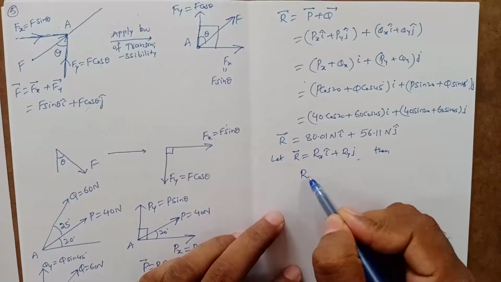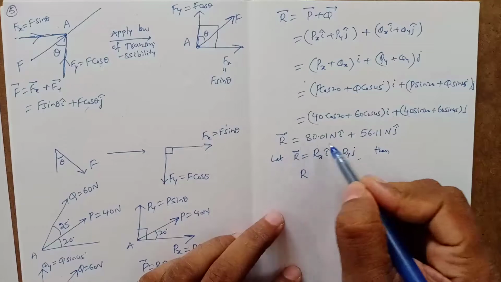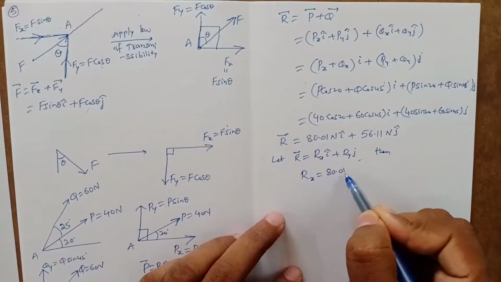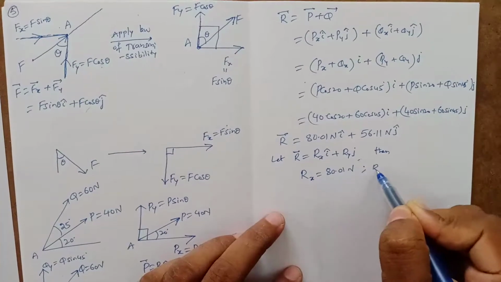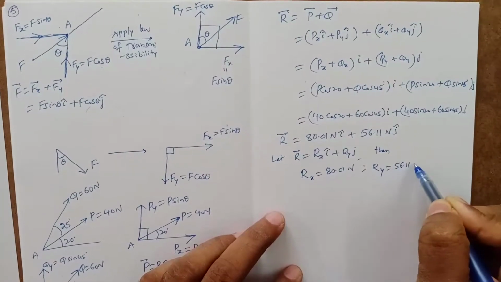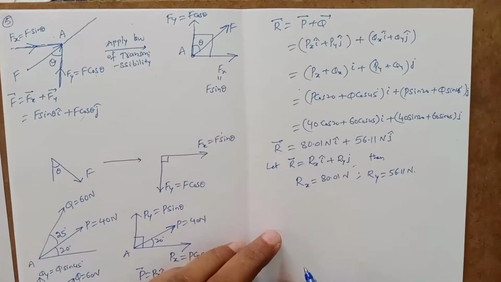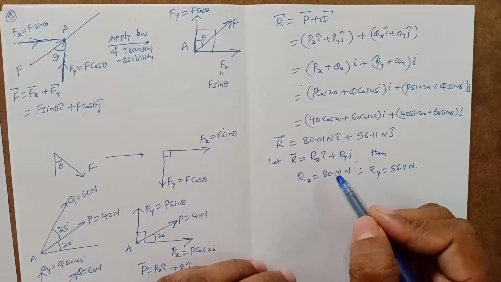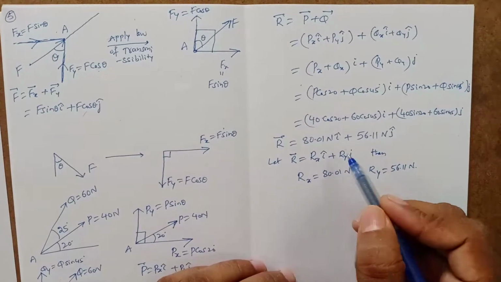Substituting this R bar here and comparing both sides, Rx is equal to 80.01 Newton and Ry is equal to 56.11 Newton. These are magnitudes, and they are acting along positive x direction and positive y direction.